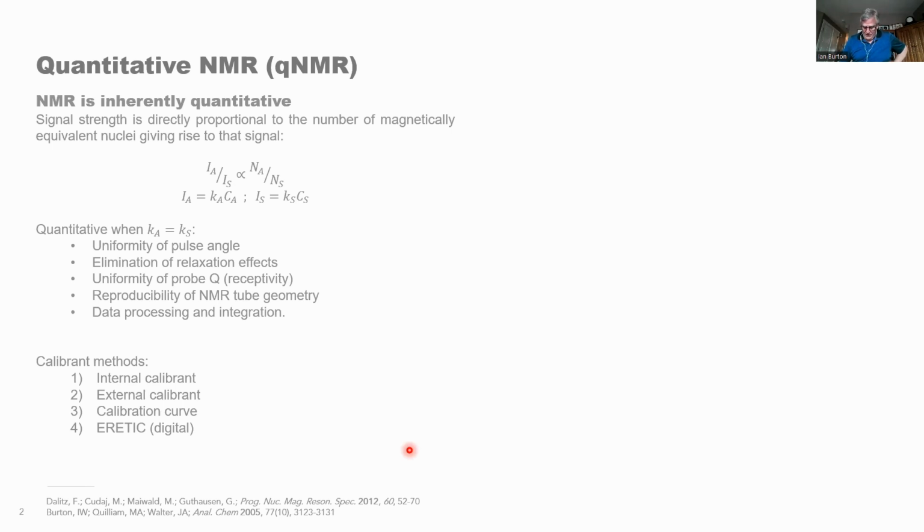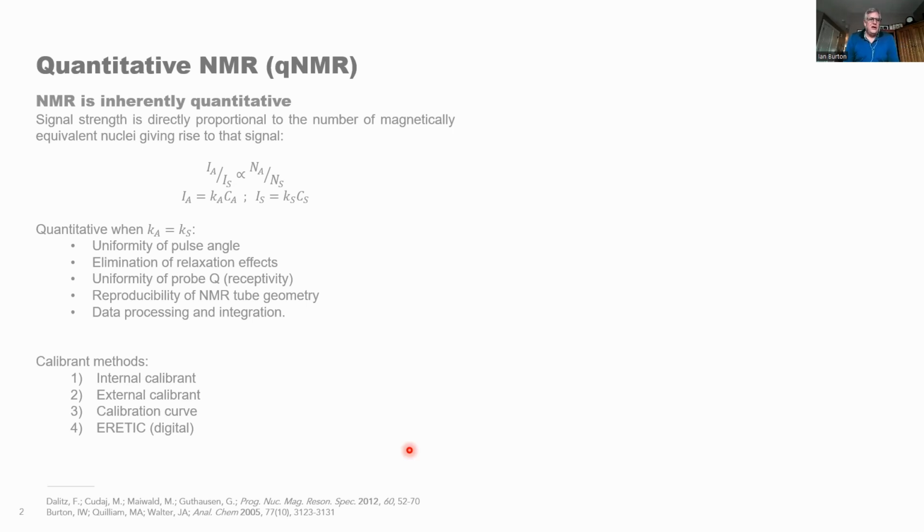So the integrated intensity is proportional to the concentration times a proportionality constant. And when comparing a standard to an analyte, it can only be done when the Ks are equal.